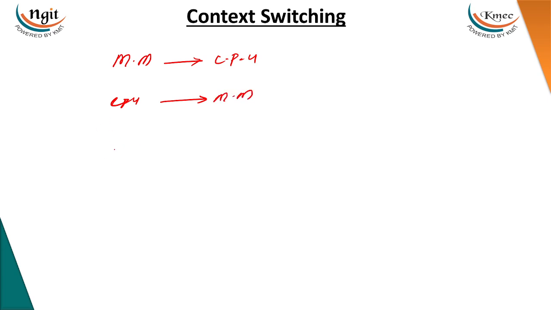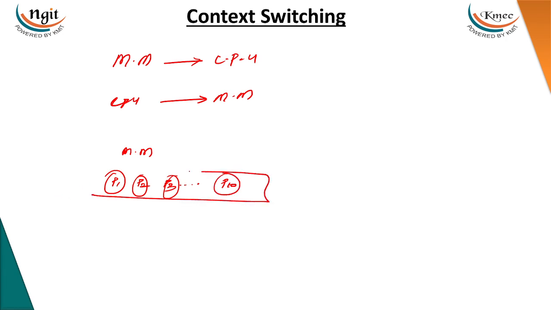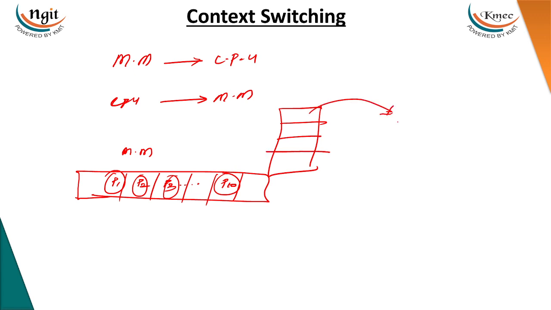Let us take the same example. Processes in main memory are P1, P2, P3, and so on up to P10. The CPU scheduler will select one of these processes in the ready queue. After selecting it, P1 has to move from main memory to CPU, and some instructions I1, I2, I3 will be executed.